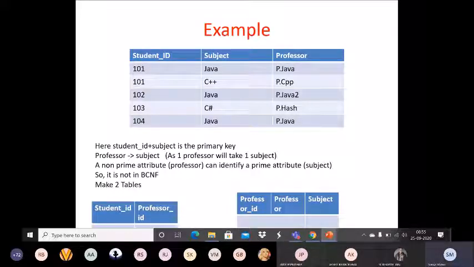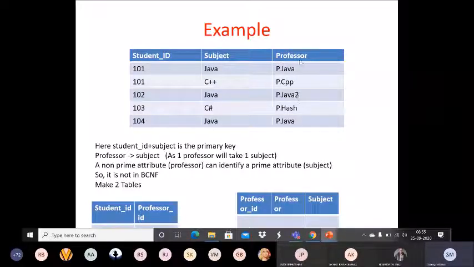Then in the second table, that is subject and professor, you can't uniquely identify one particular professor through a subject. Why? It is a multi-faculty subject, like at Bennett University. So one subject, Java, is taken by Professor Java and Professor Java 2.